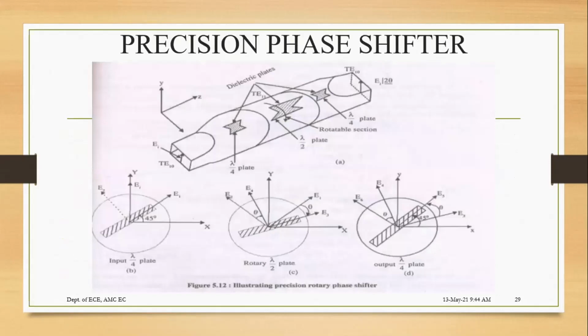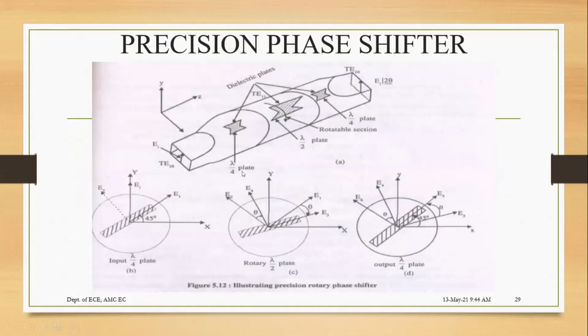Now I want you to understand the operation of the precision phase shifter. This is your quarter wave section. This is your half wave section, the center one, and this is again your quarter wave section. You can see the plates placed inside.